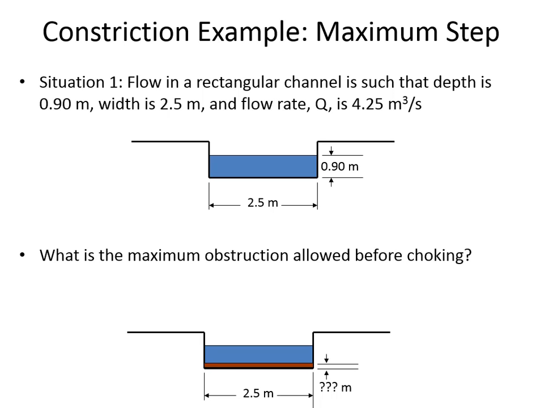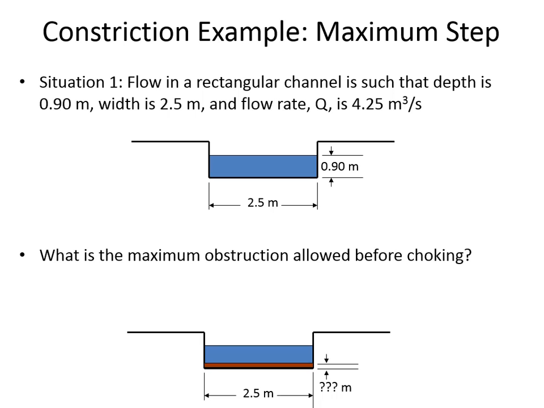We know first of all that both the bottom width and the top width are 2.5 meters. Our flow depth prior to any sort of an obstruction is 0.9 meters. The flow rate is 4.25 cubic meters per second.